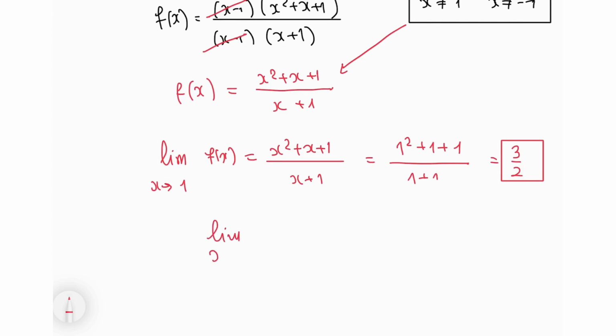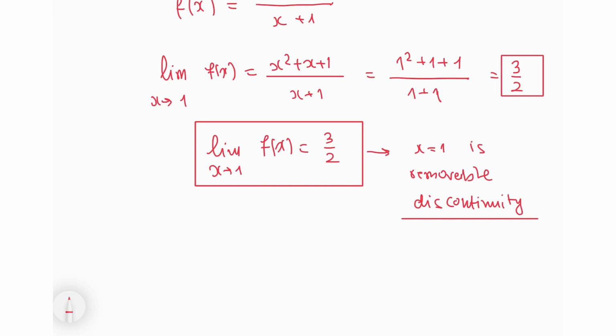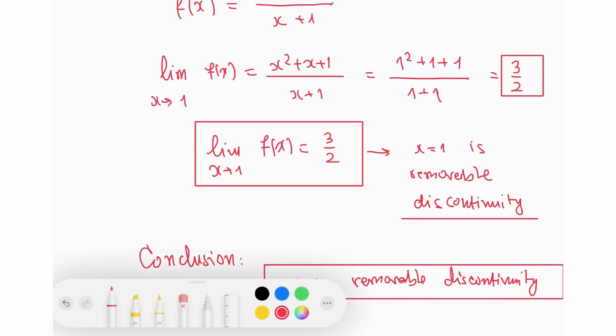The limit when x approaches 1 of f of x equals 3 over 2, which means that x equals 1 is a removable discontinuity. So, conclusion, x equals 1 is a removable discontinuity. Okay, and I will highlight that.